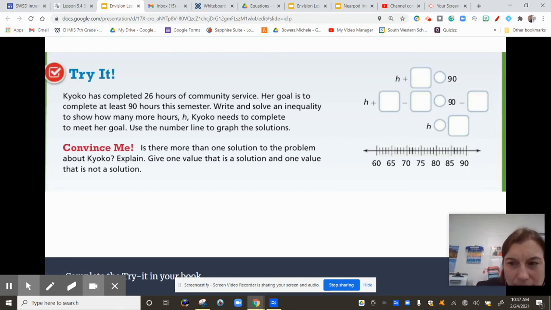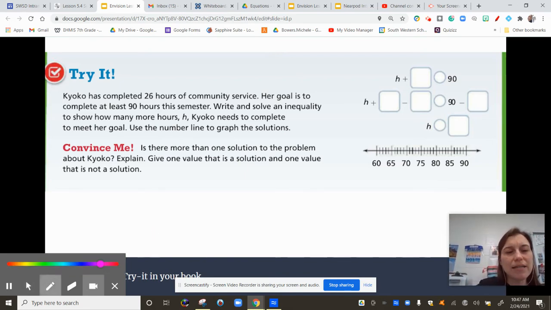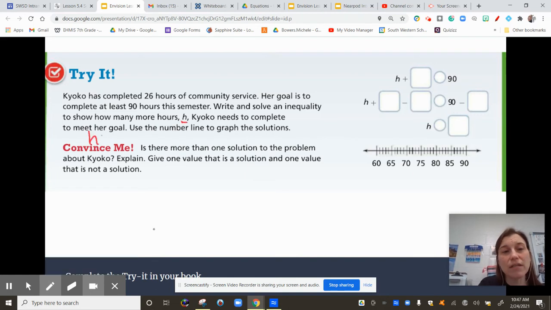So before I let you go, what are we trying to find here? Well, we're trying to find H because it gives us an H. So H is the number of hours of community service she has to also complete.